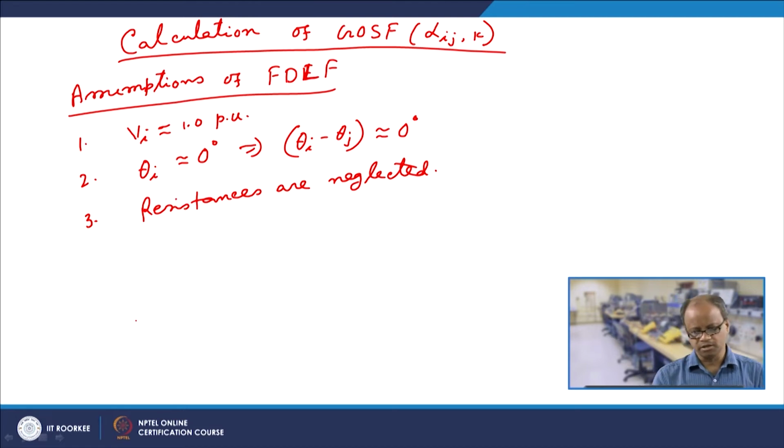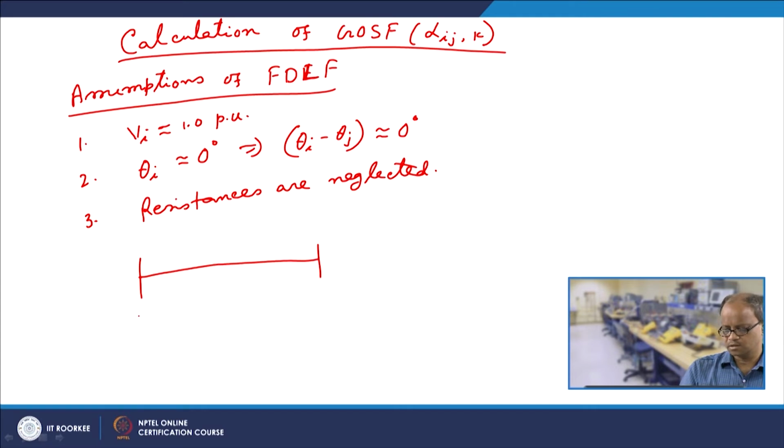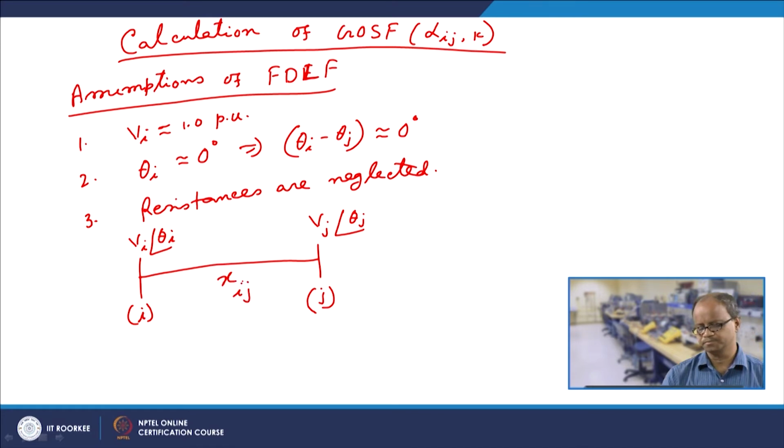Now, with this assumption, suppose I have a line between bus I and bus J. This is bus I, this is bus J. This has voltage Vi angle theta I, this has voltage Vj angle theta j, and because the resistance is neglected, this has a reactance Xij. This is the reactance of the line.